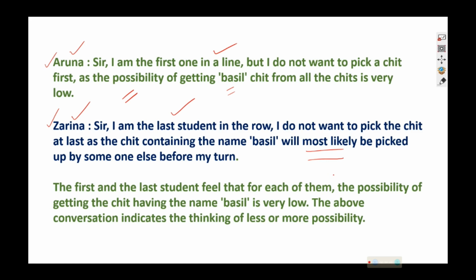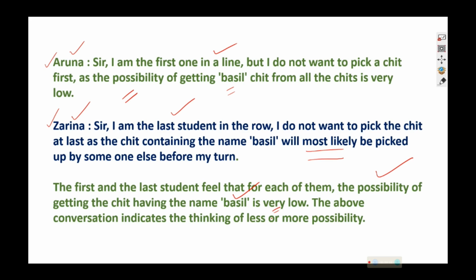So, natural thinking. Now the first and the last student both feel that for each of them the possibility of getting the chit having the name basil is very low. Why? Because the first student feels that there are 40 chits, a number for our example, and getting basil among them is difficult.